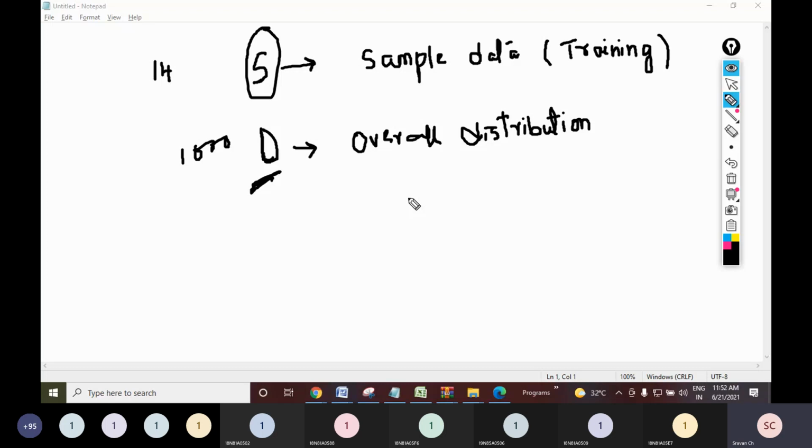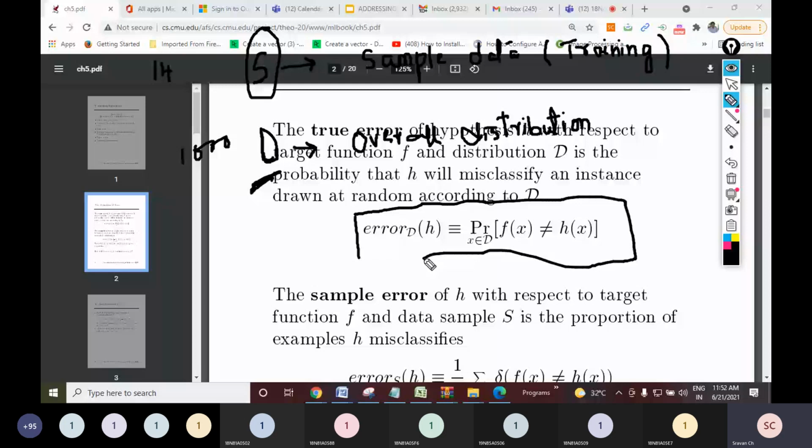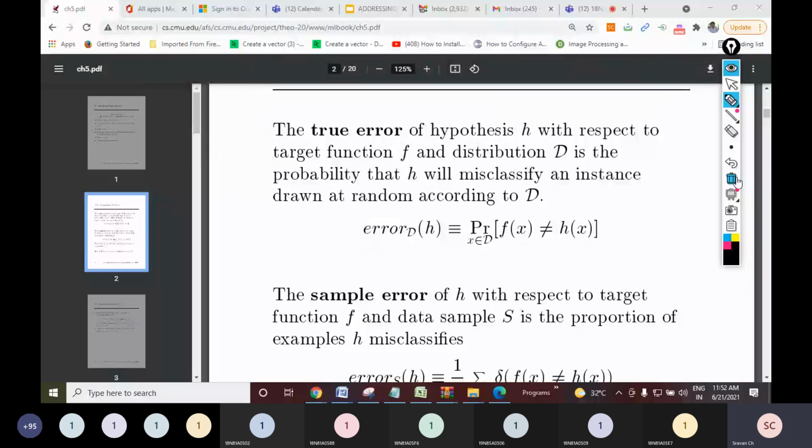So this true error is an error of misclassification found on my entire data set, not on the sample, my dear friends. What is the probability that it may commit a mistake on my entire data set? That probability is called true error.